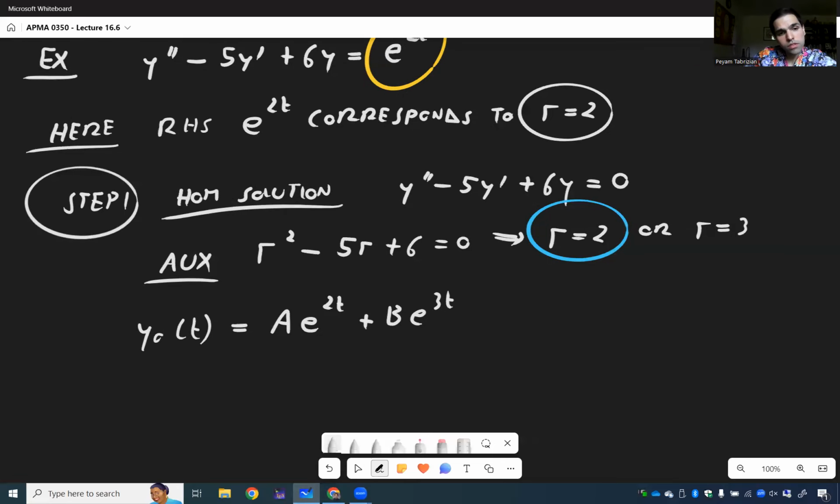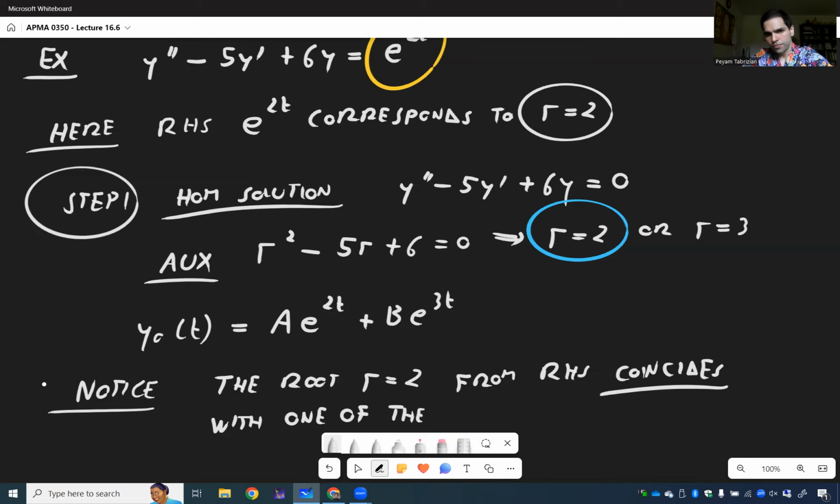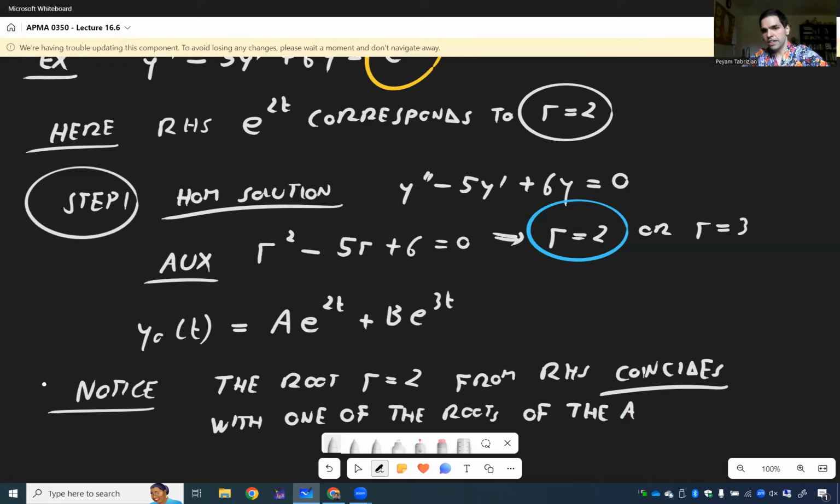So notice the root r equals 2 from the right-hand side, from this e to the 2t, coincides with one of the roots of the homogeneous equation, or of the auxiliary equation.